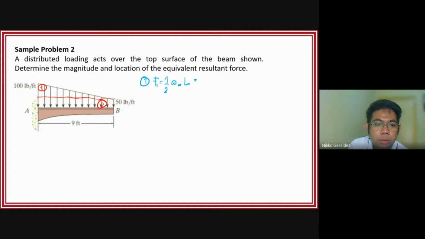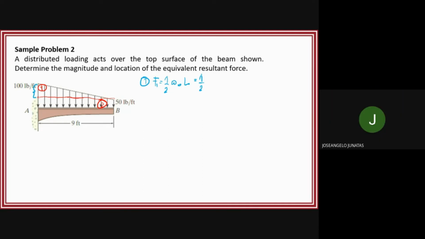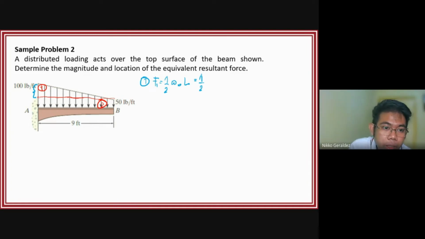So 1/2 times W sub O. What is W sub O for the triangular load? The height is 50 pounds per foot.